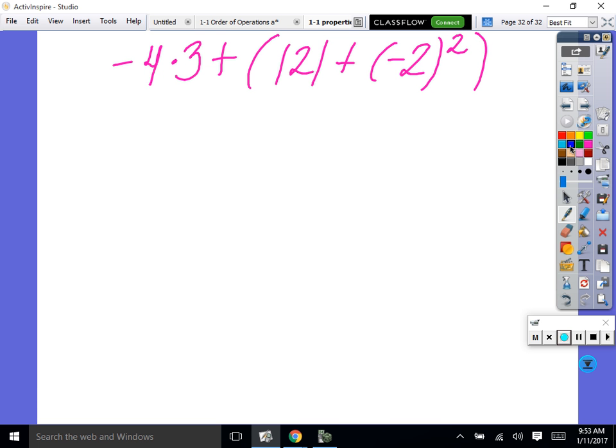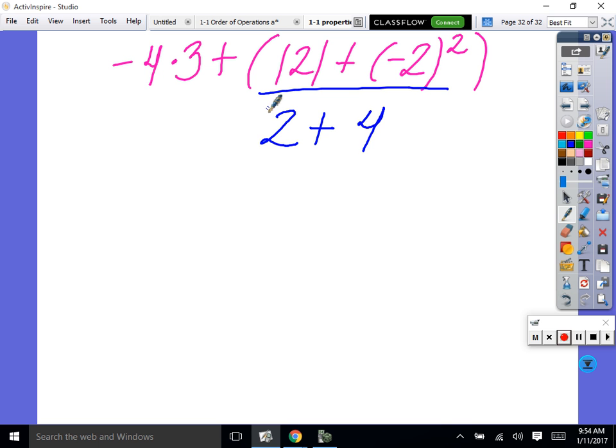And once again, the worst thing that could happen is that we'd be wrong. We ready to go through it? So parentheses come first, and then we focus on the absolute value of 2, which just means 2. It means positive. And then we have plus negative 2 squared, which is negative 2 times negative 2, which is 4. Does everybody see how I got that?